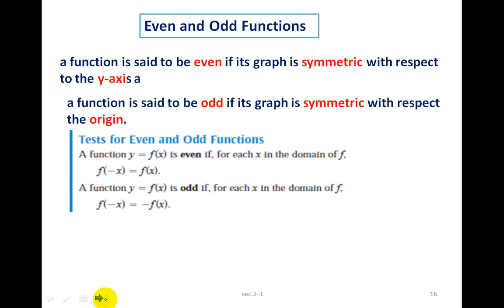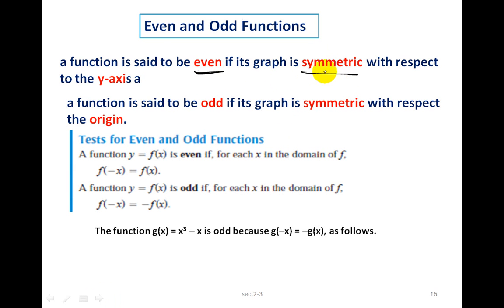Okay, here let's talk about even and odd functions. This is the most important idea: an even function is symmetric with respect to the y-axis, and an odd function is symmetric with respect to the origin. Here you have two tests.